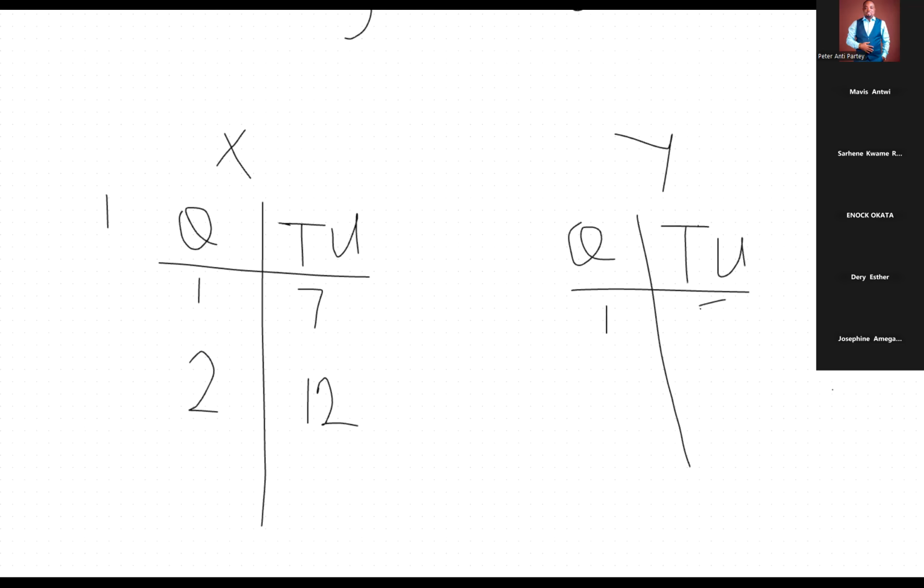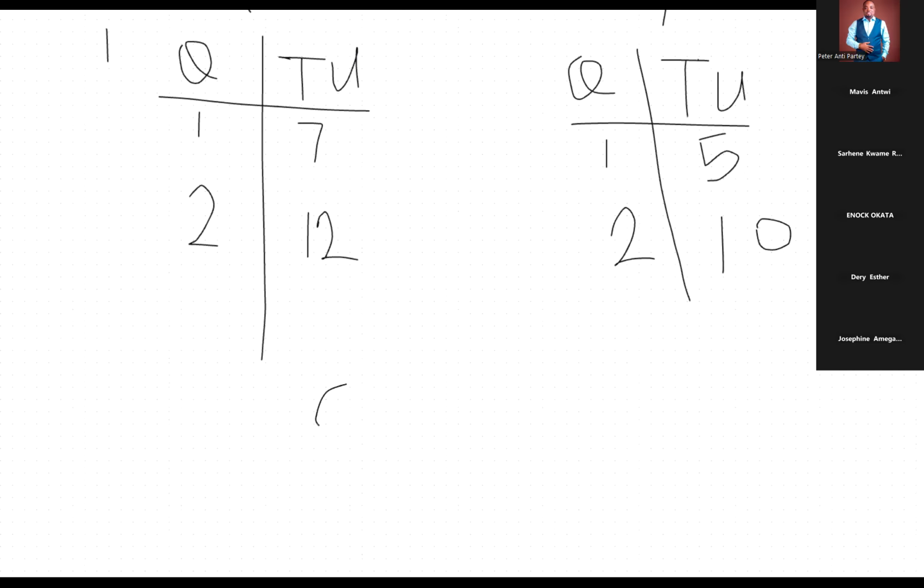Quantity 2 is giving us 10 total utility. Now the question is, calculate MRS of X for Y.